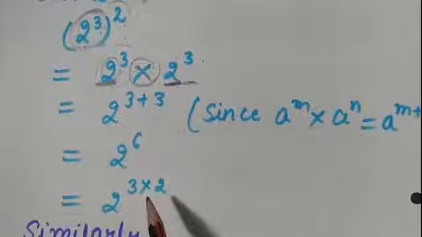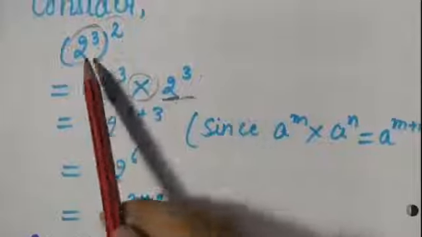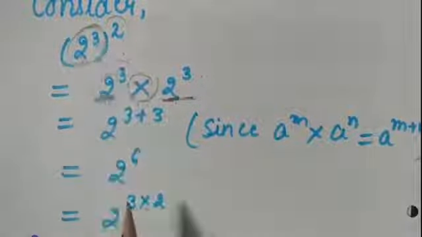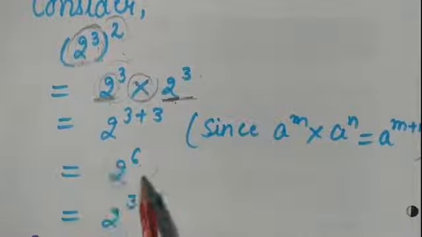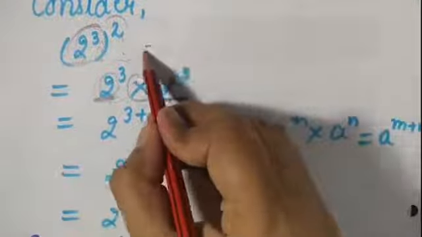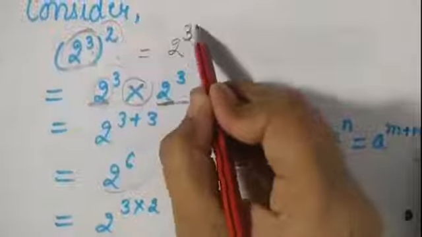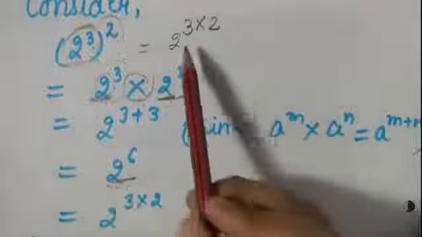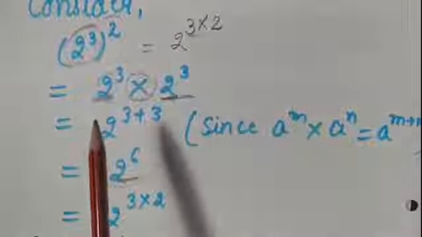So it will be 2 raised to the power 6. So the result of 2 raised to the power 3 whole raised to the power 2 is equal to 2 raised to the power 6. And this is equal to 2 raised to the power 3 into 2, because 2 raised to the power 6 can be written as 2 raised to the power 3 into 2.